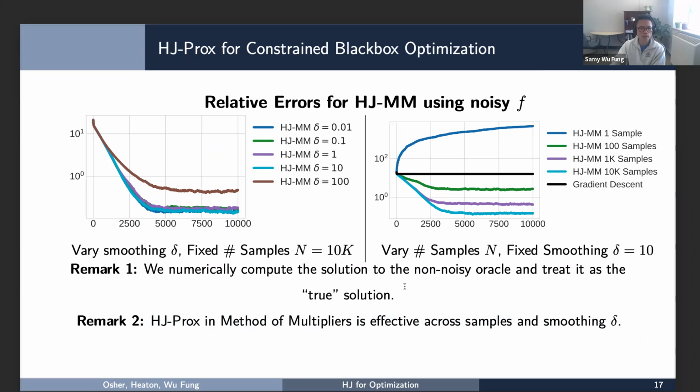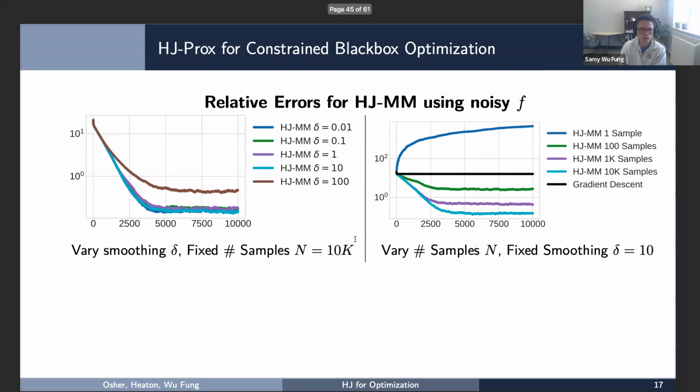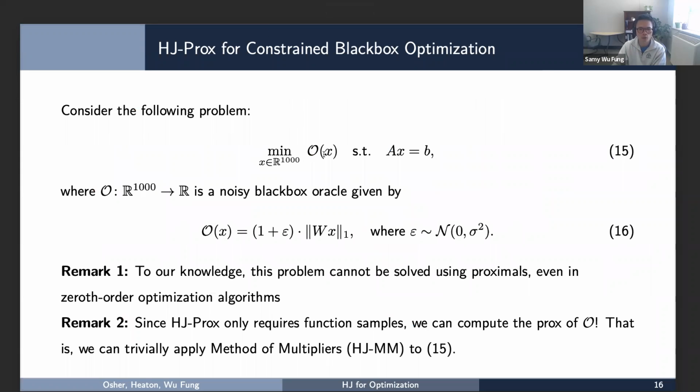So anyway, this experiment is quite nice because again, we were not aware of too many methods, and again, I may be wrong, that can solve this problem, where you have a zeroth order black box oracle, but you also have some constraints in there as well.